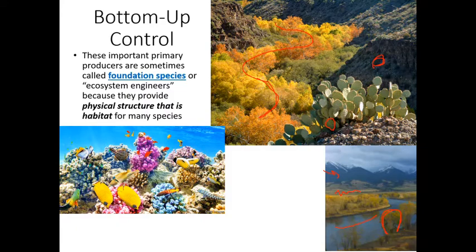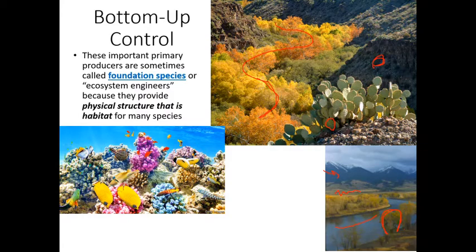And so these, again, are the primary producers. They are using energy from the sun to convert into a source that is usable by animals. And so they are not only providing a source of food, but of course they are providing a structure. They are providing a physical habitat. They are changing the environment for additional animals to live in.